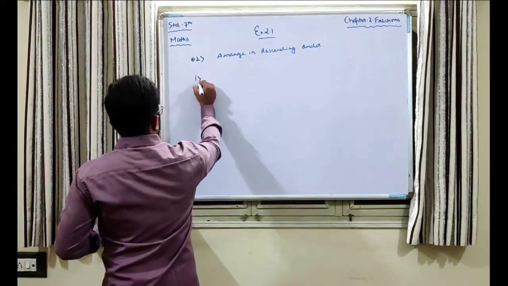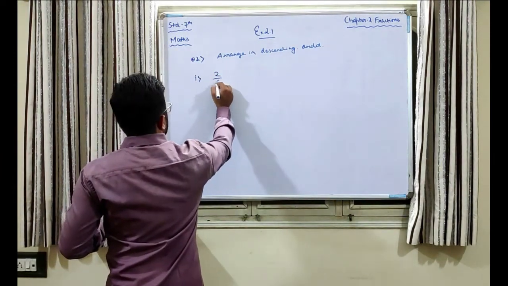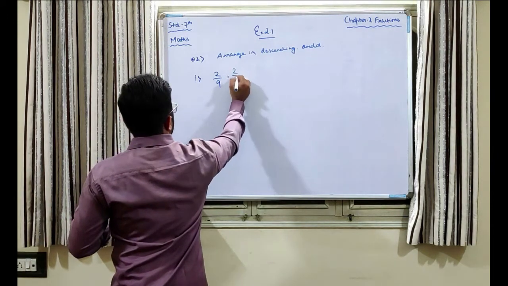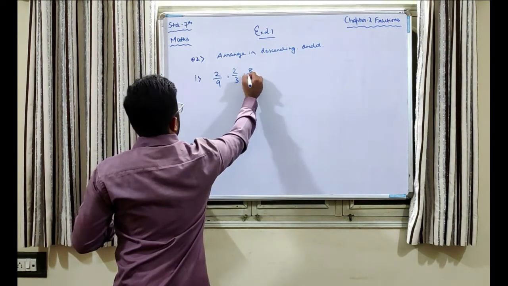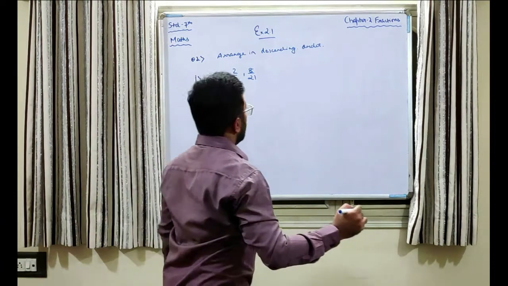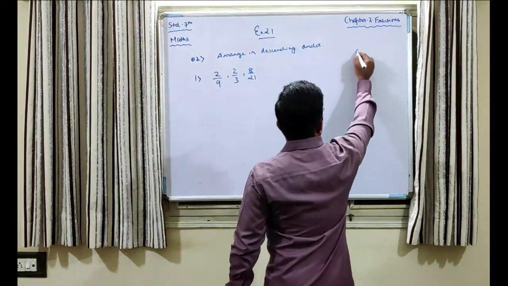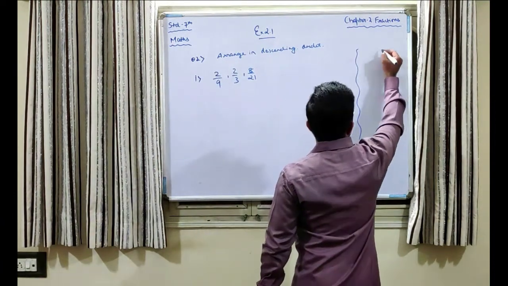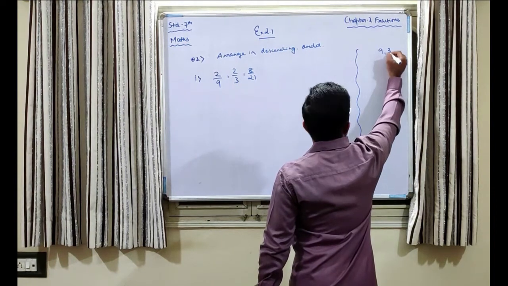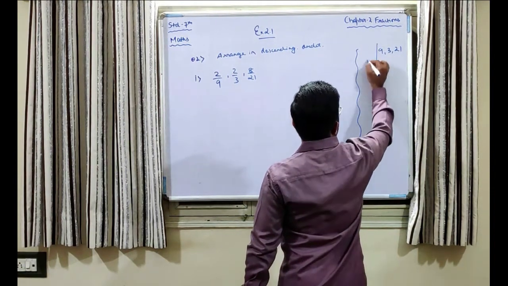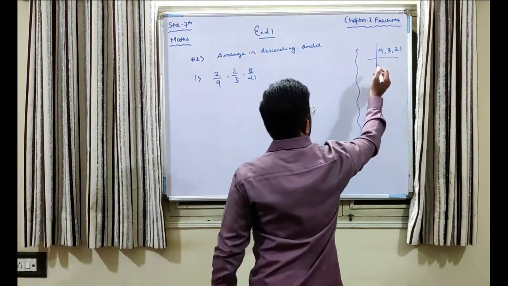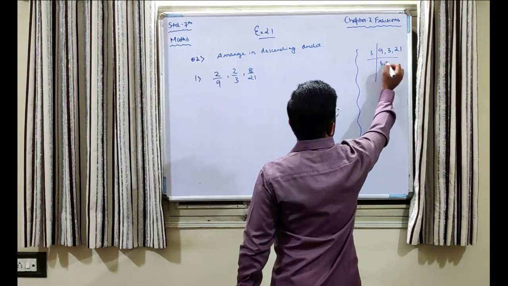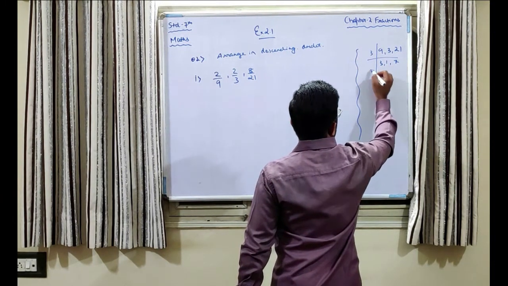So first of all, let us write the question. 2 by 9 comma 2 by 3 comma 8 by 21. Now we will try to get the LCM of these three numbers, that is 9, 3 and 21. So first of all, let us try to divide by 3. 3 3s are 9, 3 1s are 3 and 3 7s are 21.